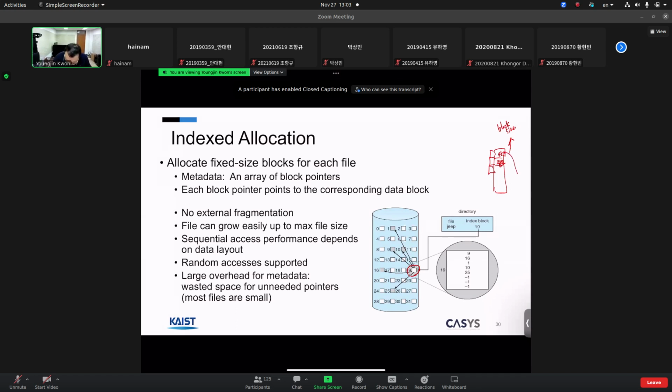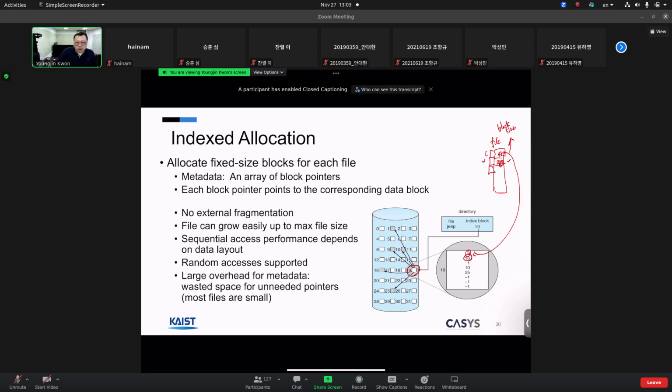The first block points to this physical block location. If you access within this first 4 kilobyte chunk, then the contents are stored in block number 9. If you access the second block chunk here in the file, then this index block says the corresponding data block is located in block number 16.